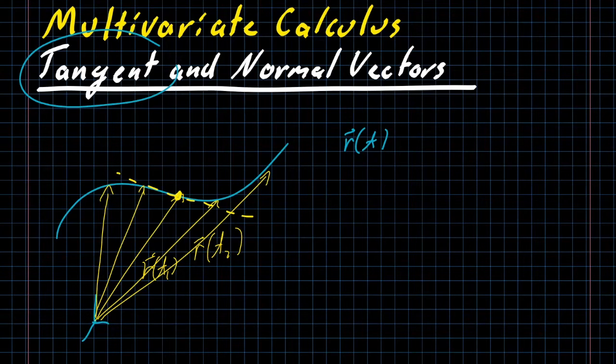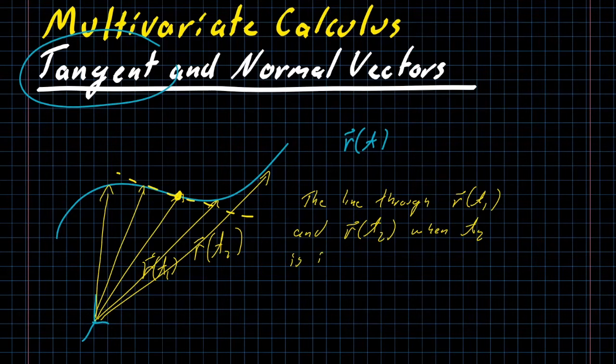And geometrically, we can describe that the same way we described the tangent line previously. We want the line through r of t1 and r of t2 when t2 is infinitesimally near t1.